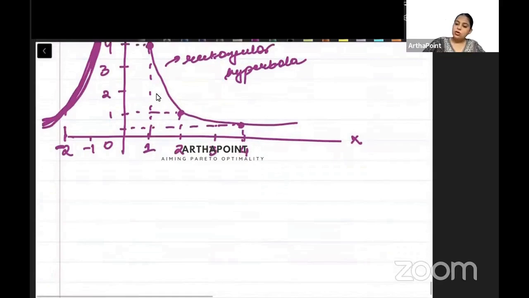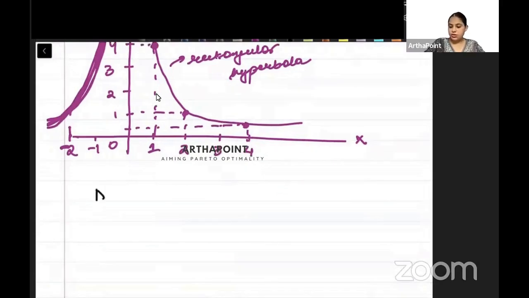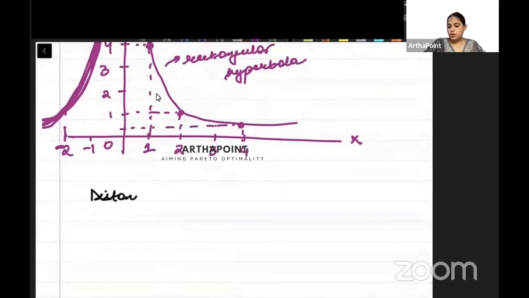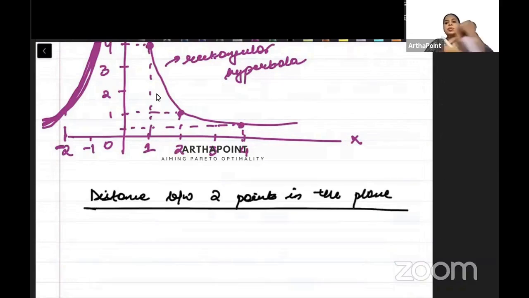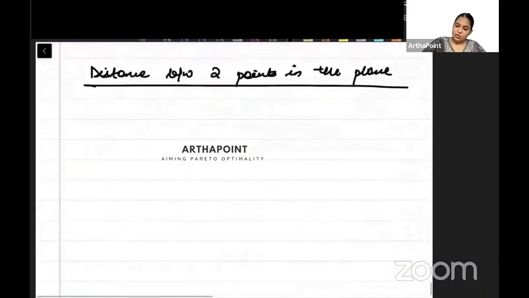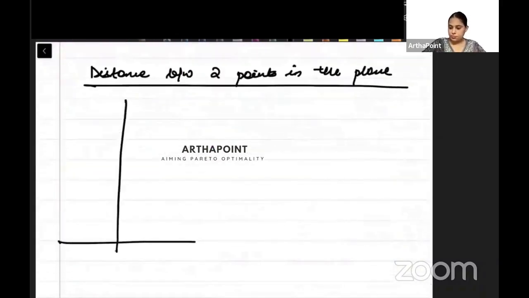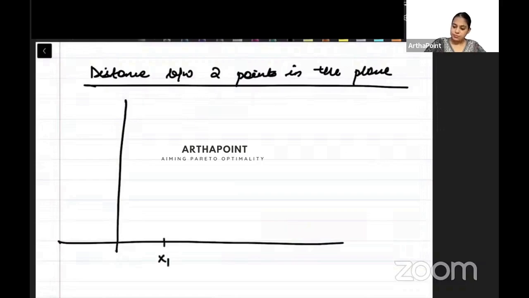Okay. Now let's talk about the equation of distance between 2 points in the plane. Distance between 2 points in plane. तो माने supposedly, let's say that there are 2 points. ये एक point है, point x1, y1.